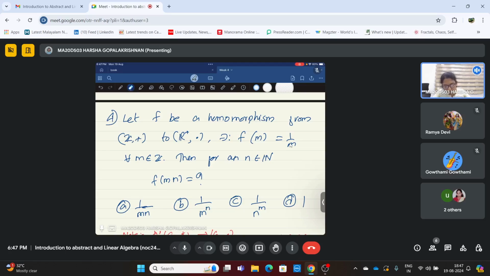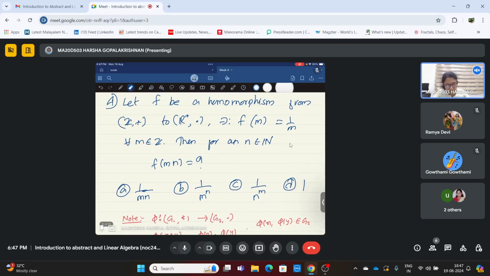So the question is, if f of m equals 1 by m is defined as given, then what is f of mn? So we need to use the condition of homomorphism here.